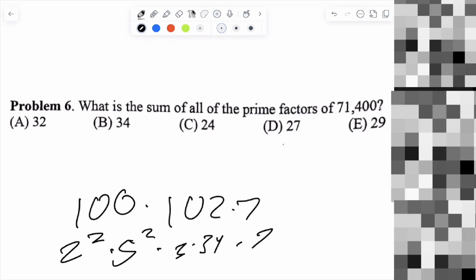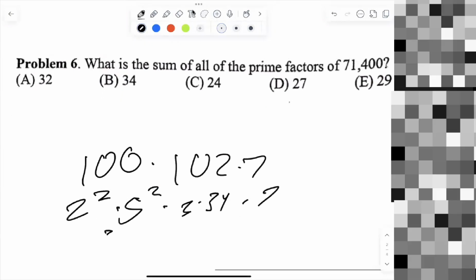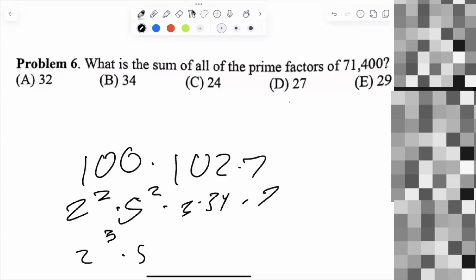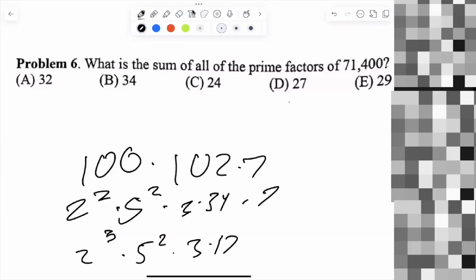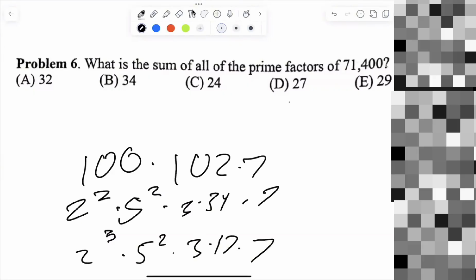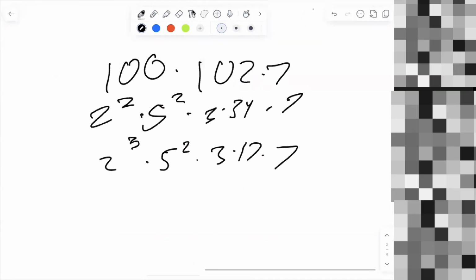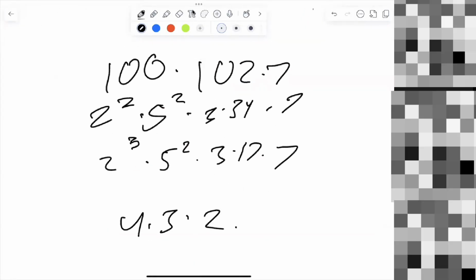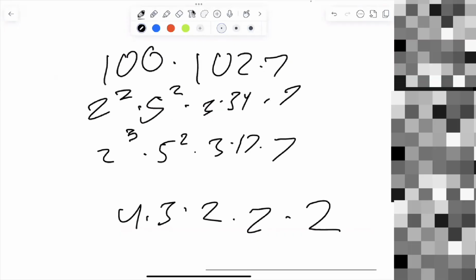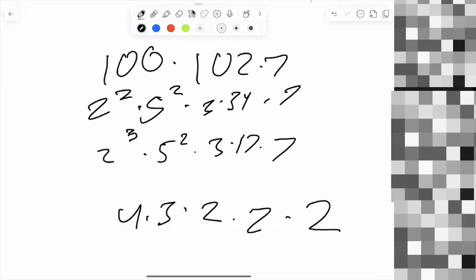Which then you can split to 2 cubed times 5 squared times 3 times 17 times 7. And then you proceed with the formula. You can get 4 times 3 times 2 times 2 times 2, or a grand answer.